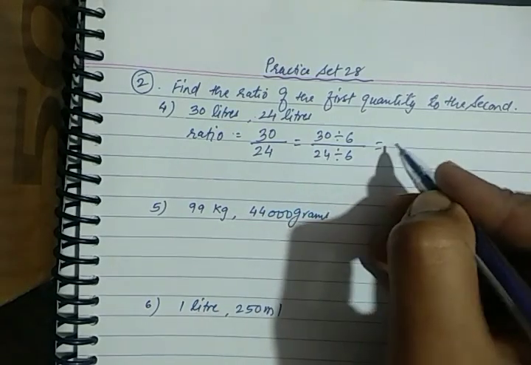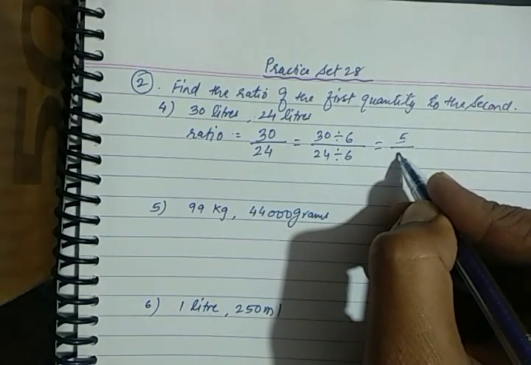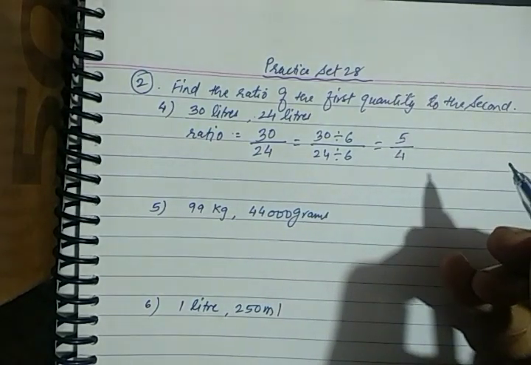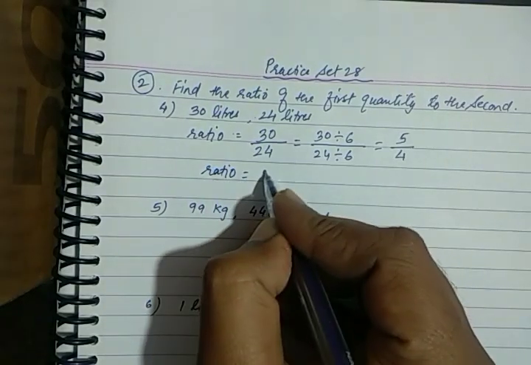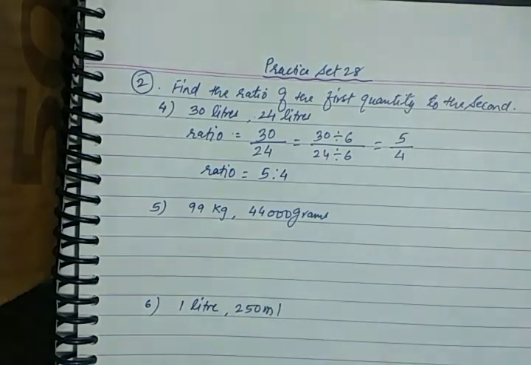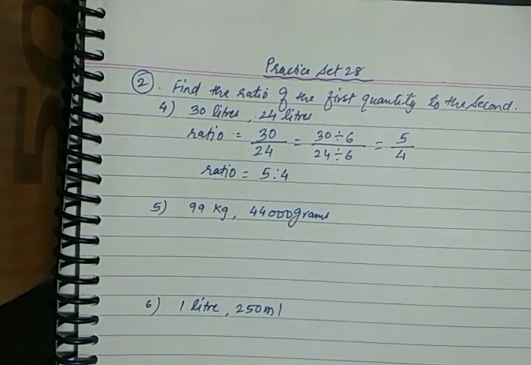So divide numerator and denominator by 6, 6 5s are 30, 6 4s are 24. So this is the simplest form. You can write here, the ratio of these two numbers is 5:4.